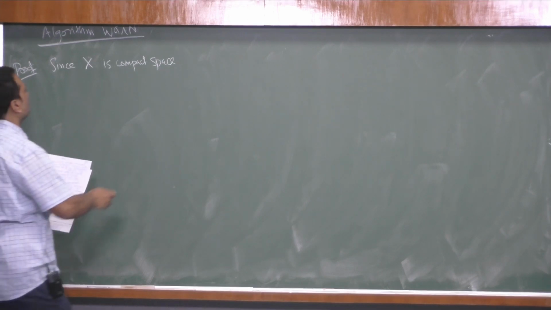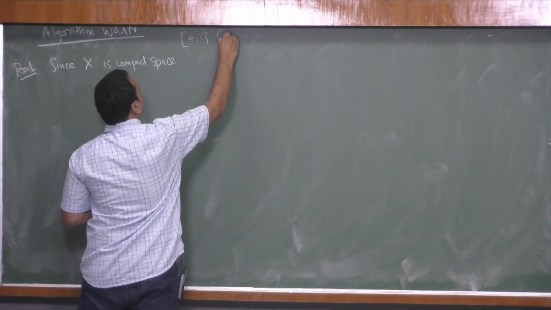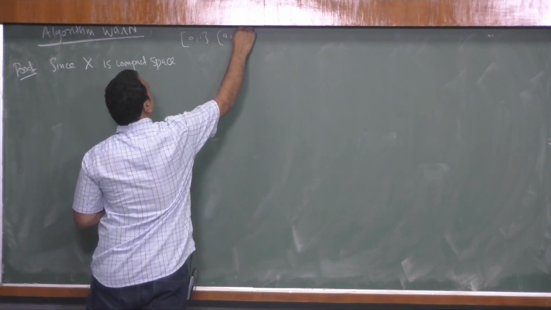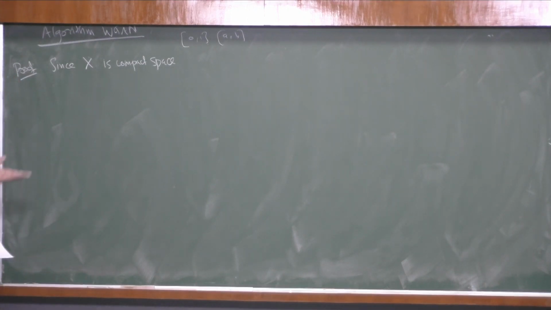Any set like this, or any interval [a, b], or even a Cartesian product of these, right? So usually we work on R^n, we don't work on very generic spaces. So for all our practical purposes, we can think of X as some closed interval, and that will be a compact space.